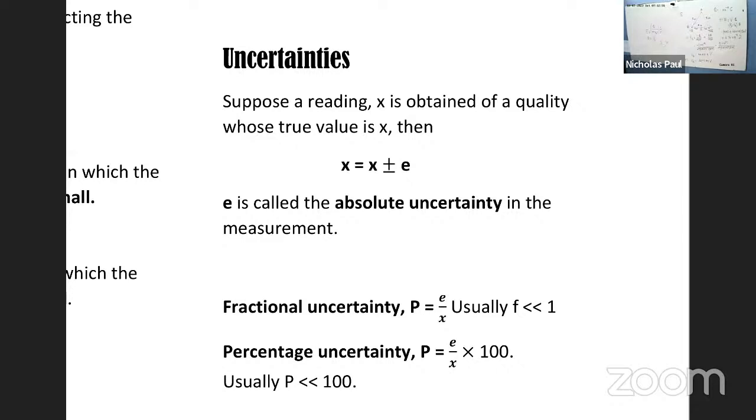You're looking at precision and accuracy, how to separate them.